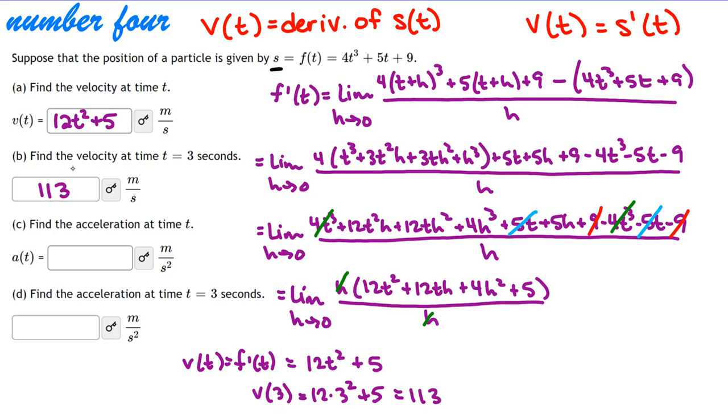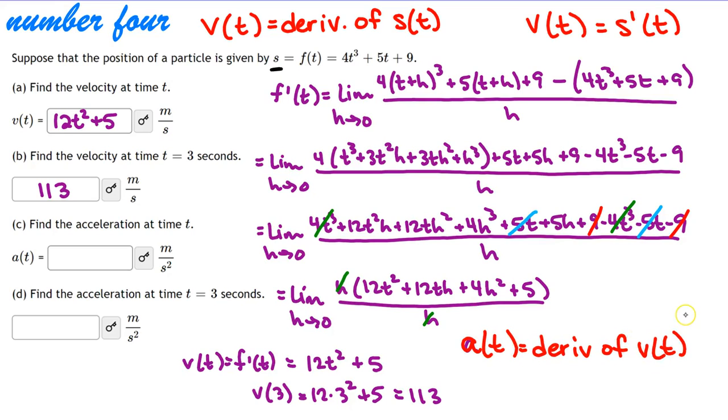Part C, find the acceleration at time t. Okay, we haven't talked about this, but if velocity tells you how fast your position is changing, acceleration tells you how fast your velocity is changing. So acceleration, this deserves red, acceleration is a derivative of velocity.